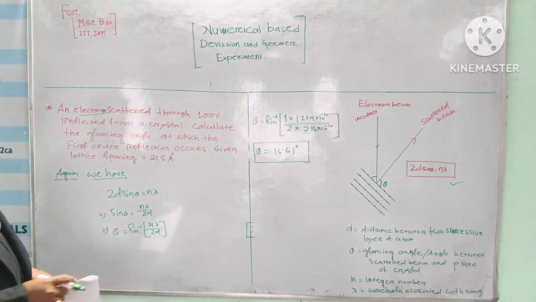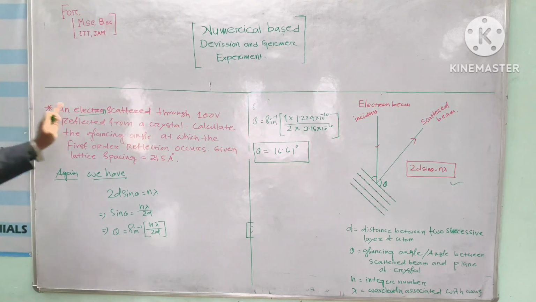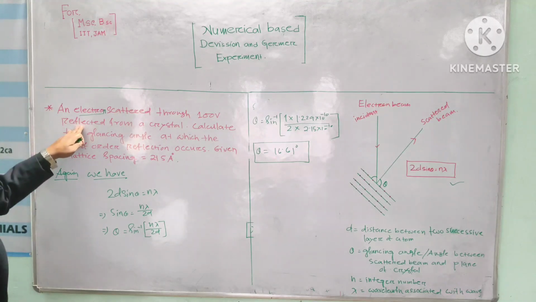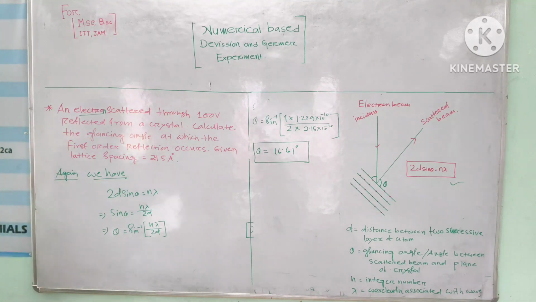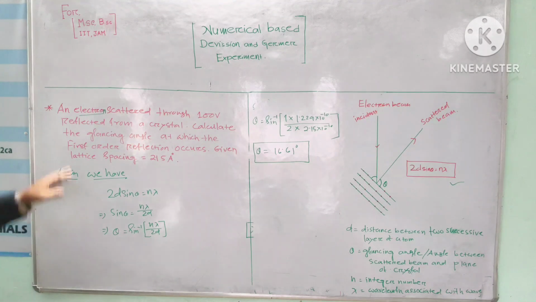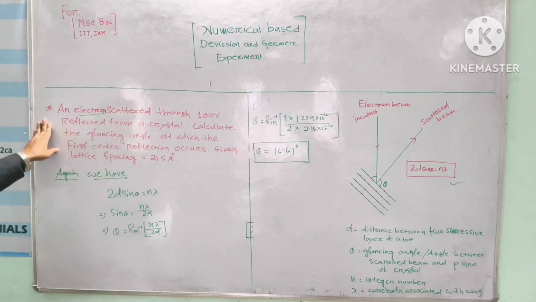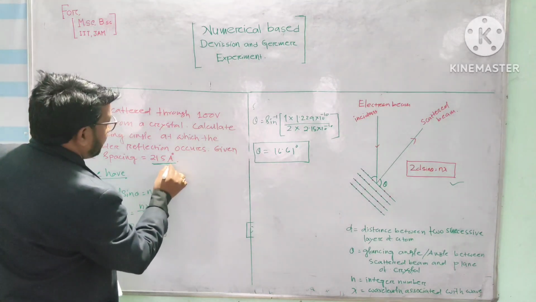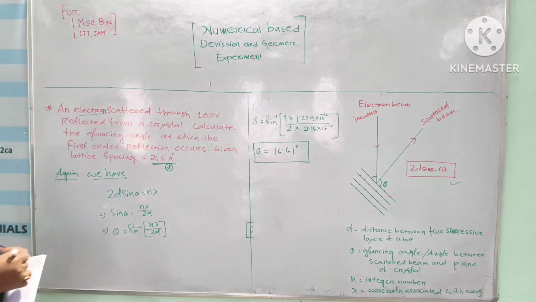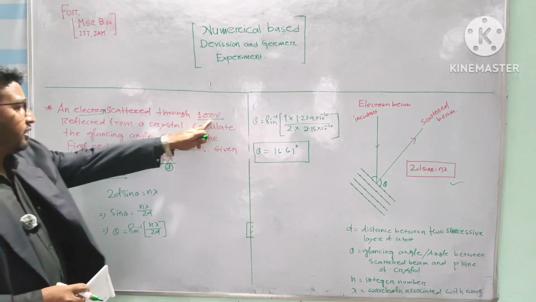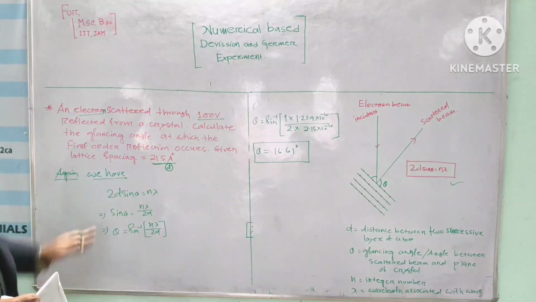For your better understanding, I am going to repeat it once again. An electron accelerated through 100 volt potential difference is reflected from a crystal. Calculate the glancing angle at which the first order reflection occurs, given lattice spacing 2.15 angstrom. From the given information of this question, this is lattice spacing d, that means distance, and also V equals 100 volt, lattice spacing 2.15 angstrom, h equals Planck constant.